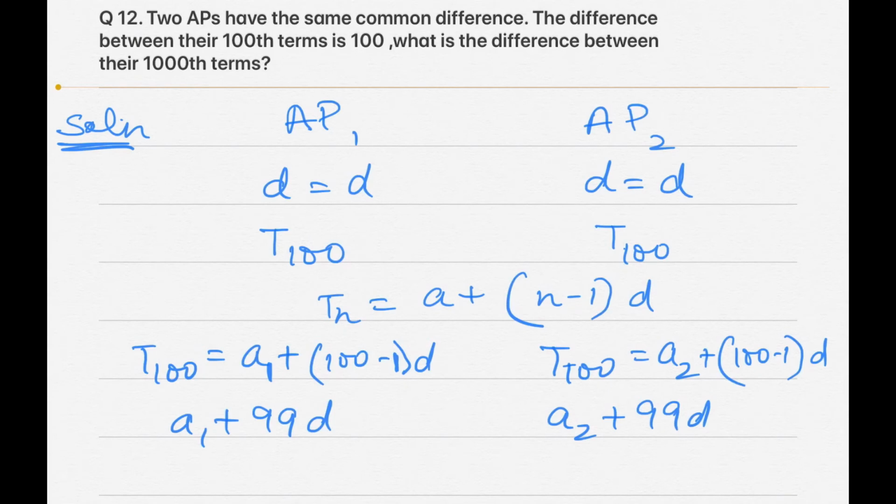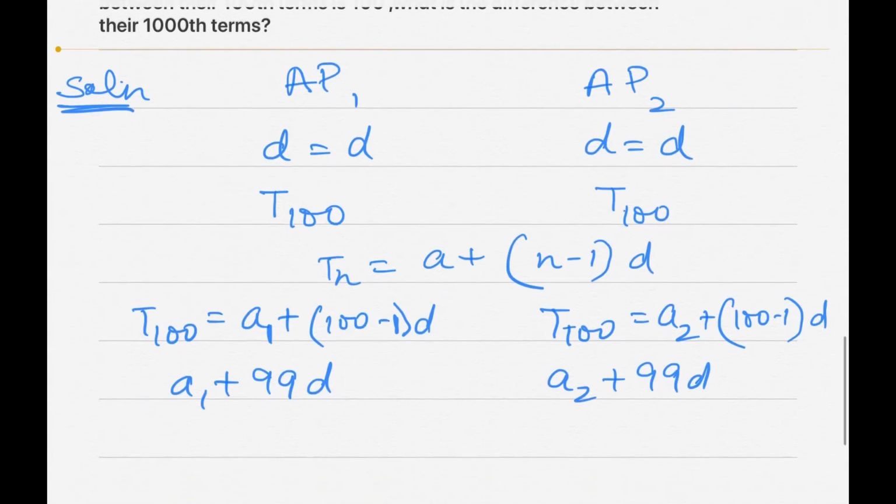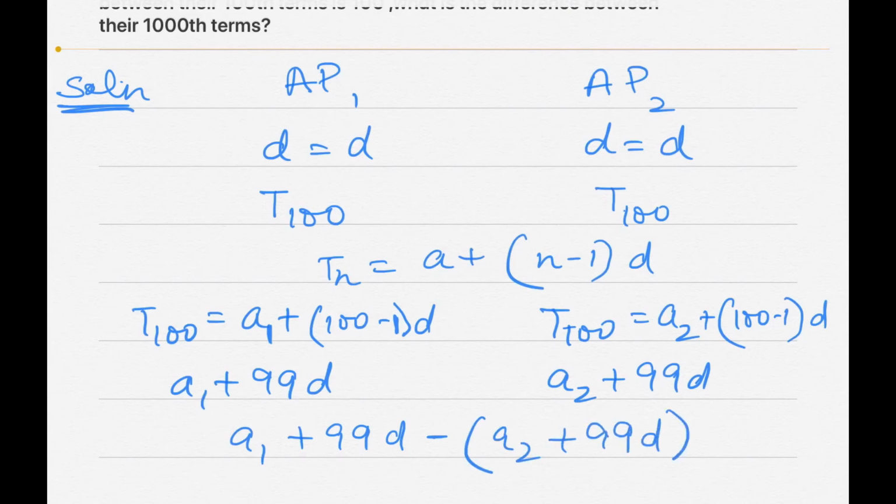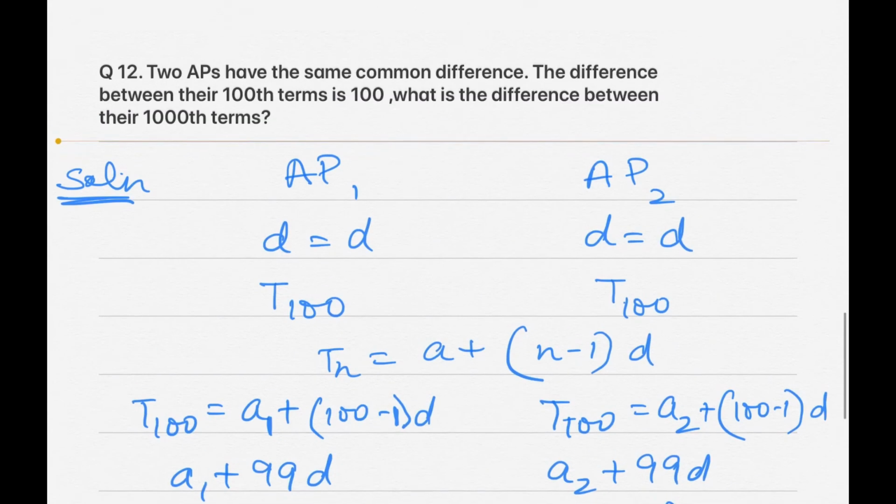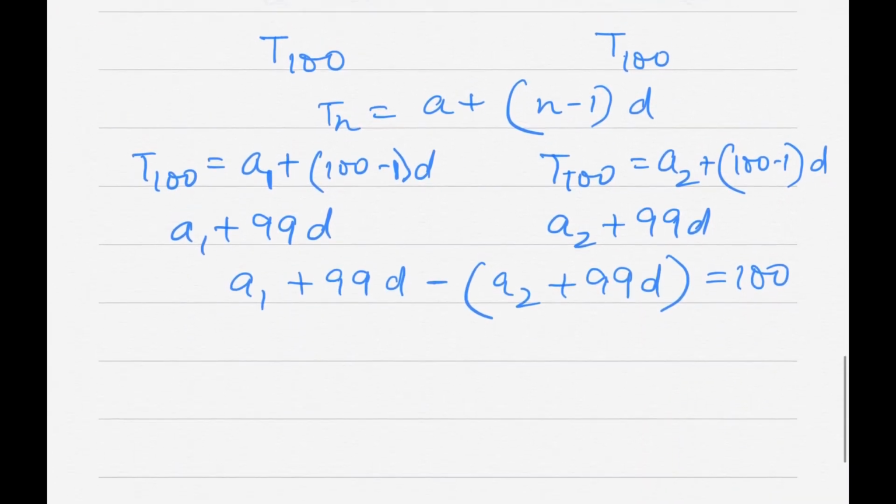So now the difference of these, so any one can be bigger. We have just assumed A1 and A2, so that's fine. So suppose if I take A1 plus 99D minus A2 plus 99D is equal to 100, because they have given the difference is 100.